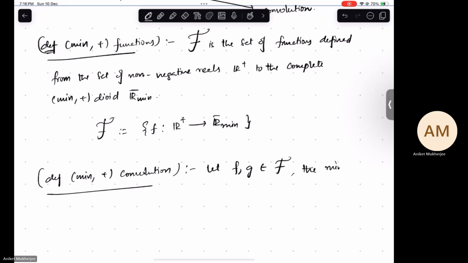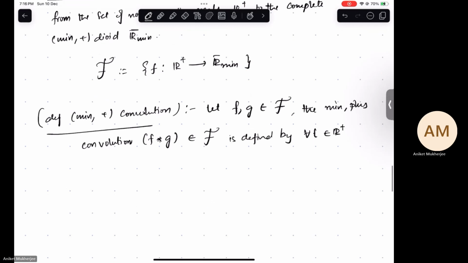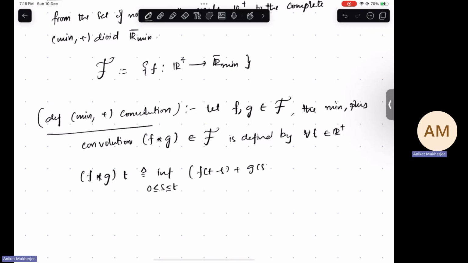The min plus convolution also belongs to the set of min plus functions. This is defined by, for all t belongs to R plus, f convolution g of t is the infimum over 0 less than or equal to s less than or equal to t of f of t minus s plus g of s.